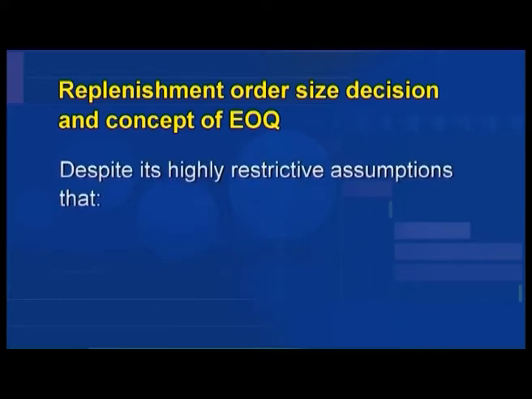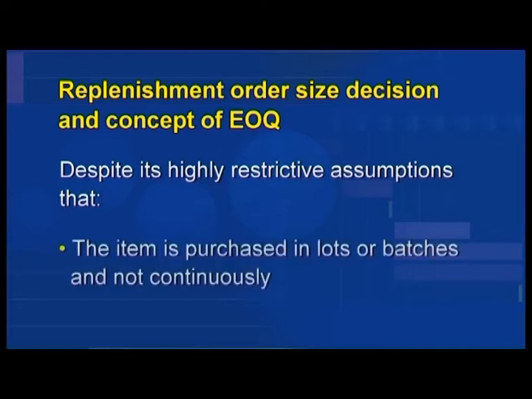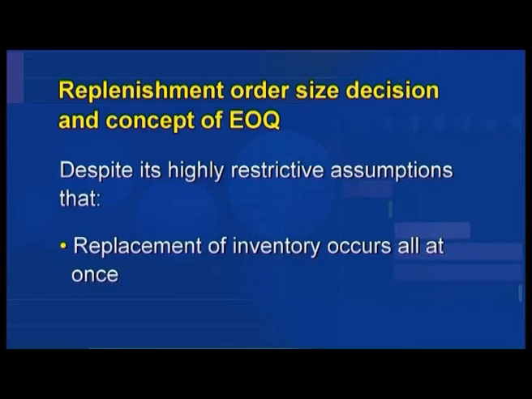Despite its highly restrictive assumptions, that demand is relatively constant and is known or predictable, the item is purchased in lots or batches and not continuously. The order and preparation costs, acquisition or purchase cost per order, and the inventory carrying costs are constant and known, and replacement of inventory occurs all at once.